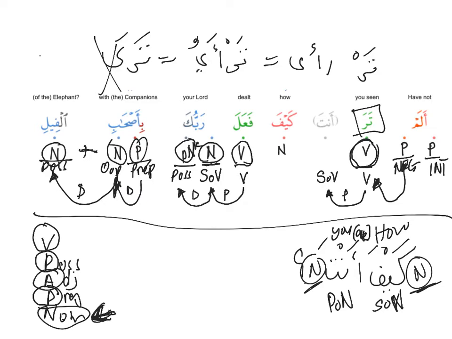Basically, if kaifa comes at the beginning of a sentence, we'll treat kaifa here as the beginning of the sentence, which is a noun, an interrogative noun, and we'll just say that this is the subject of the nominal.